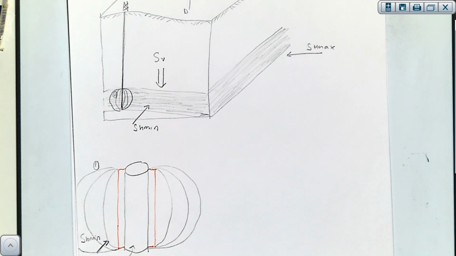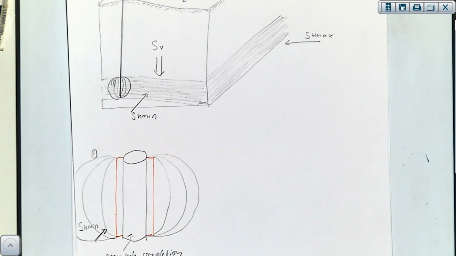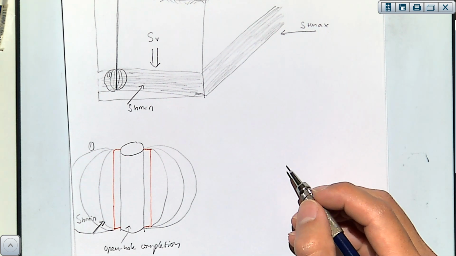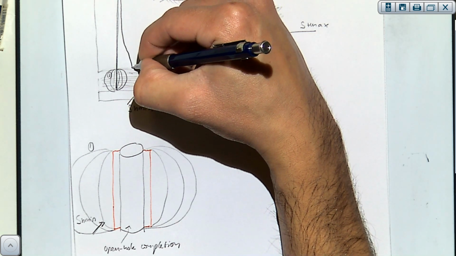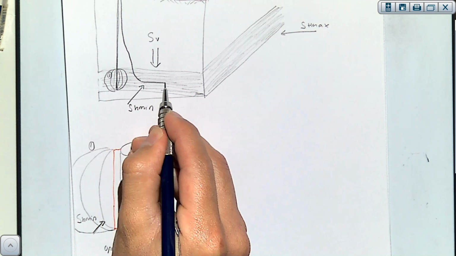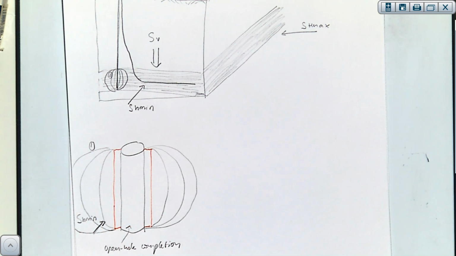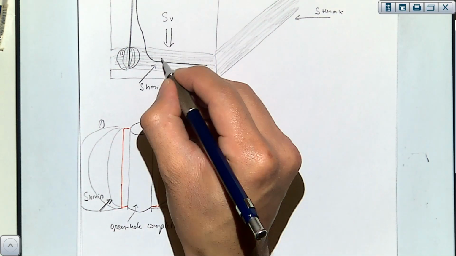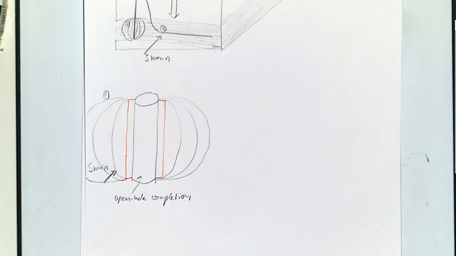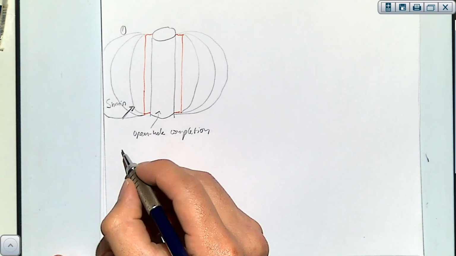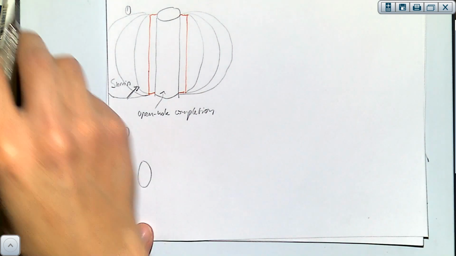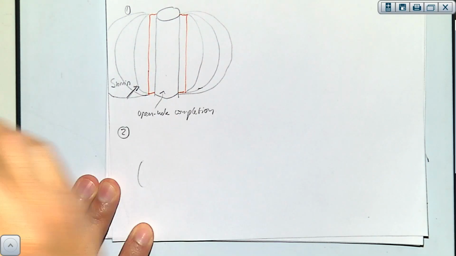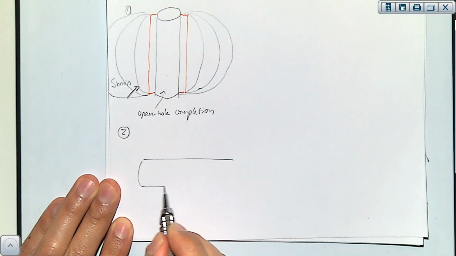Let's go to case number 2. In case number 2, now we drill a wellbore out of here, and then we kick a lateral into this direction, in direction east-west. If we zoom out of that wellbore, and I'm going to do it down here, this is going to look like this.